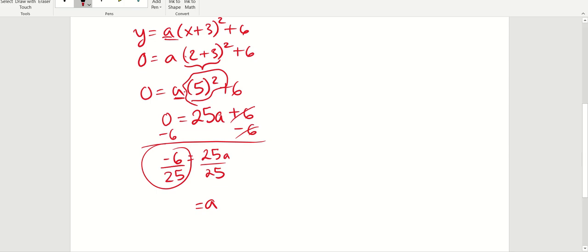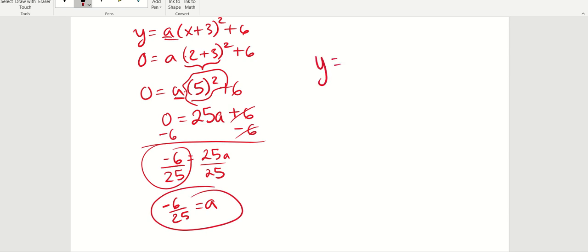So therefore, your a value will be -6 over 25, and we're going to use that to write our final answer. So the final answer will be y equals -6 over 25, parentheses, x plus 3, so it goes back to what this has, (x plus 3) squared plus 6.